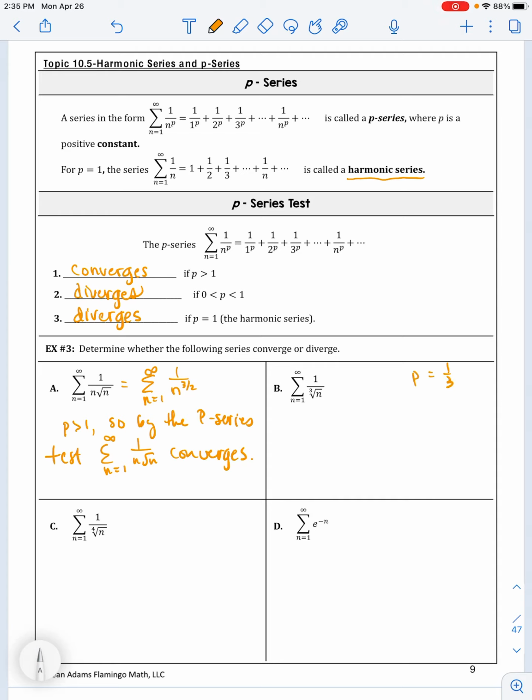And for B, our P is 1/3, and 1/3 is in between 0 and 1. So by the P series test, the summation n equals 1 to infinity of 1 over the cube root of n diverges.